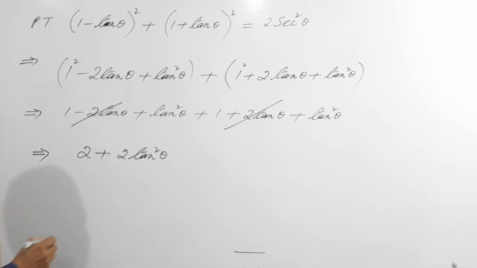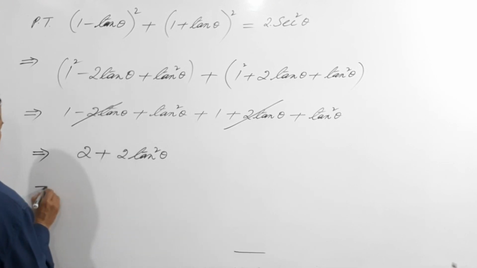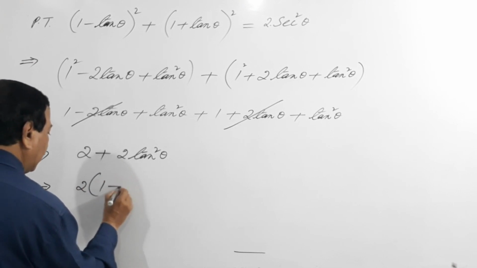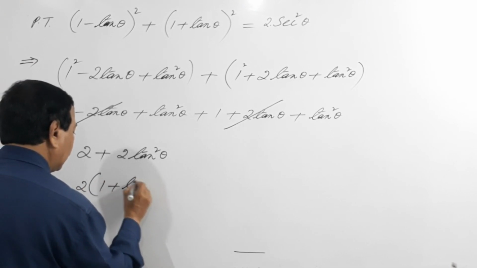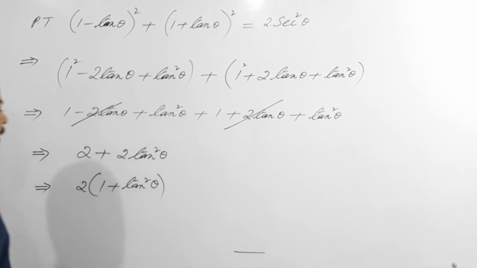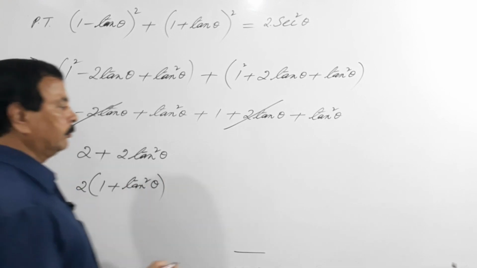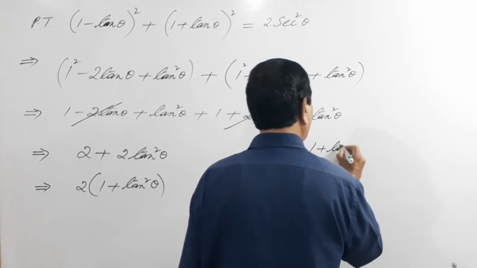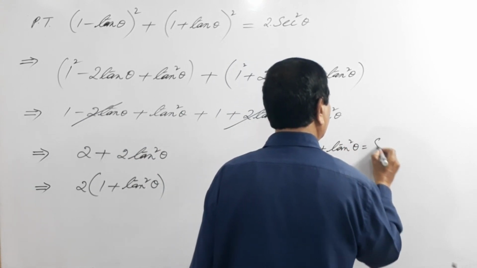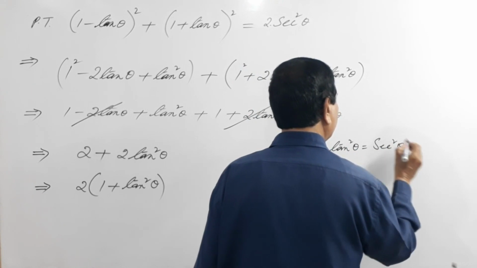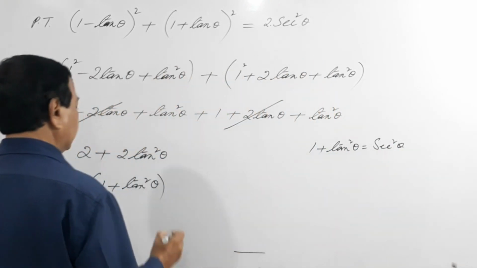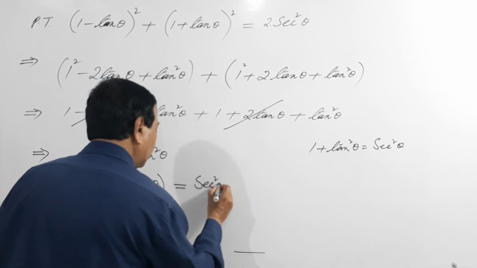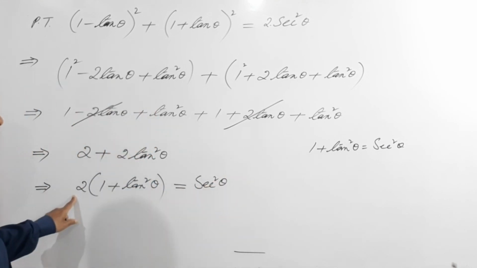I'll take that outside. So that is 2 common. This becomes 1 plus tan square theta, and we know 1 plus tan square theta equals secant square theta. So this is equals to, nothing but, secant square theta into 2.